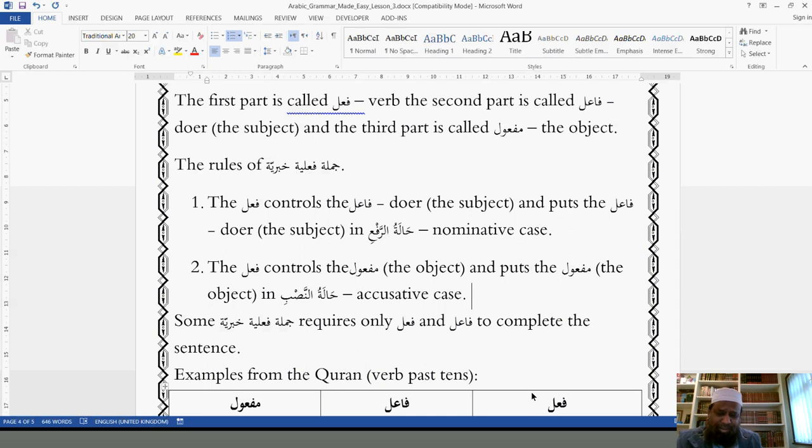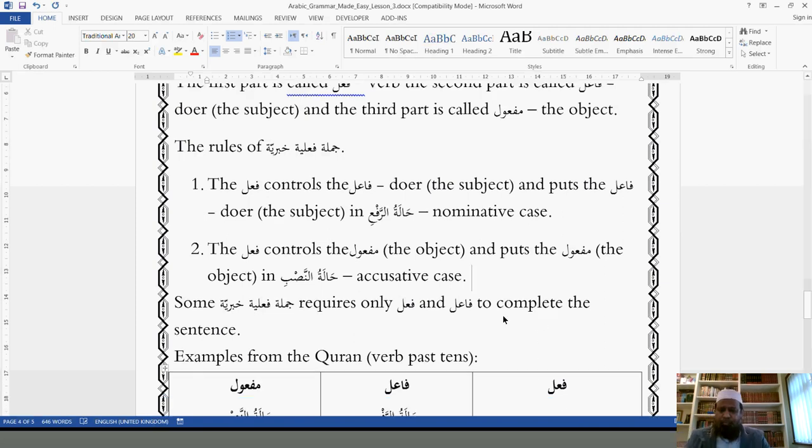Examples from the Quran means I was looking through some ayats. Okay, I did not find them as they are, but in the Quran we do find the examples I'm going to give in different ways, but you'll understand inshallah.